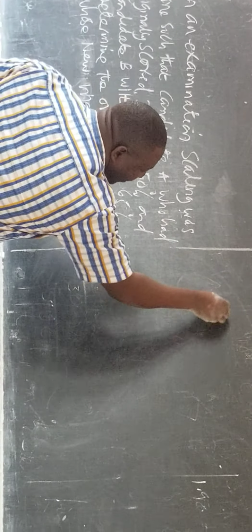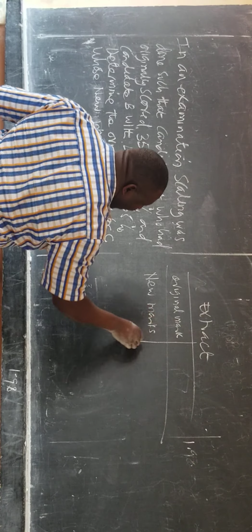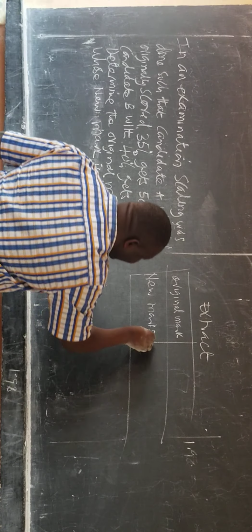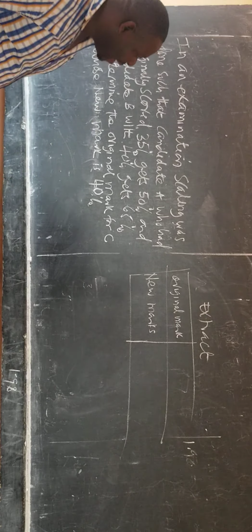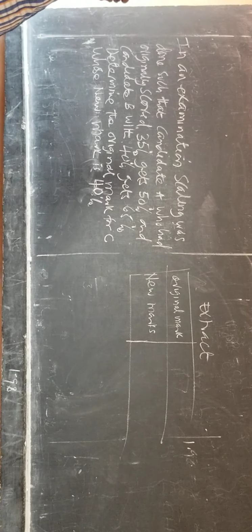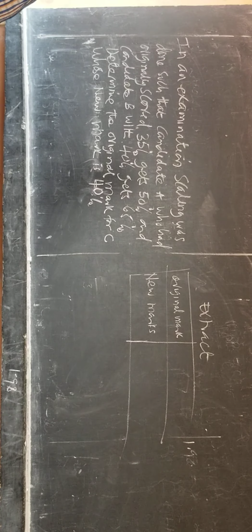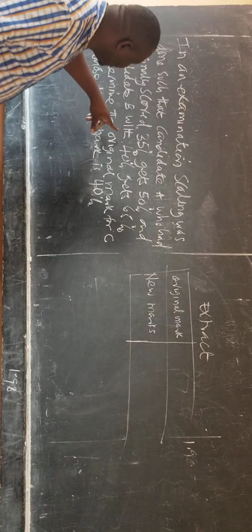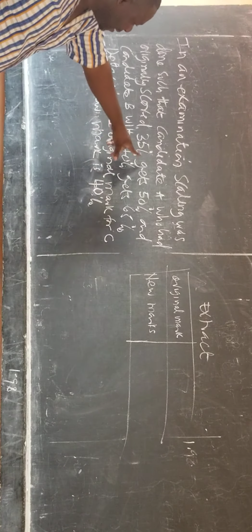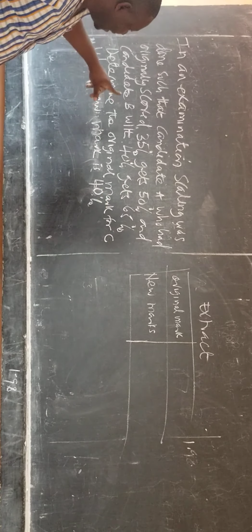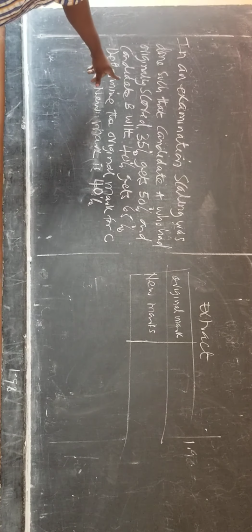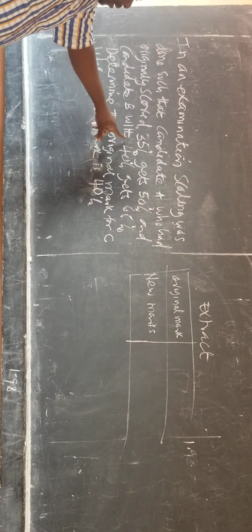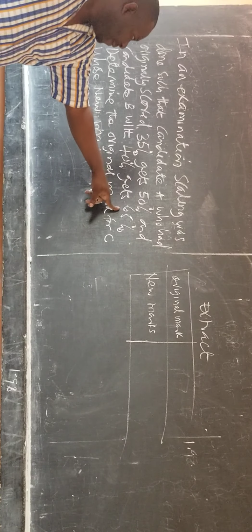So in our extract here, we shall have the original marks, then the new marks. We have candidate A, whose original mark was 35, gets 50. Then we have candidate B, whose original mark was 40, gets 65.